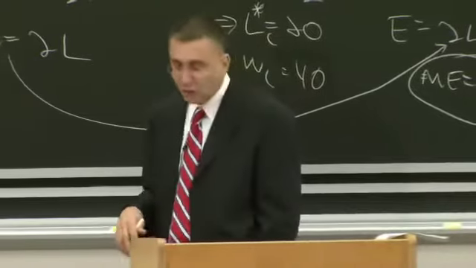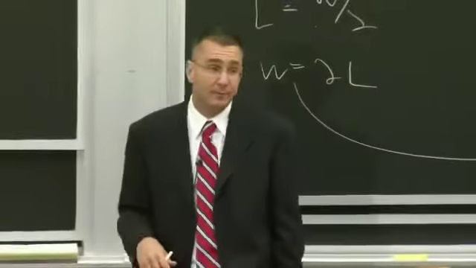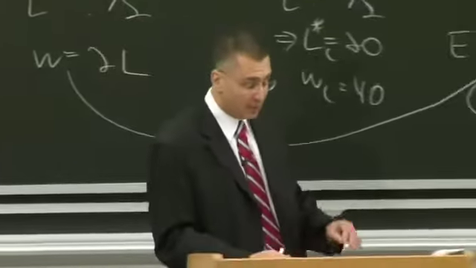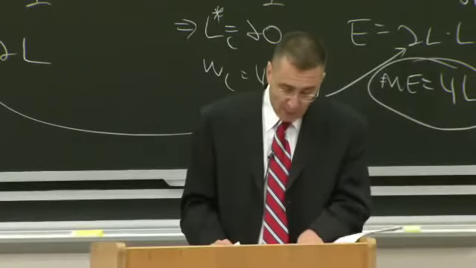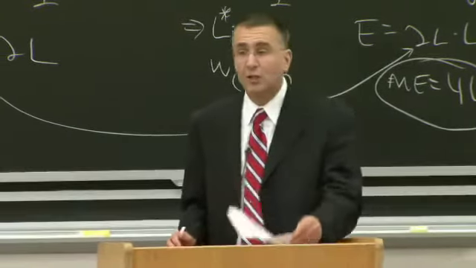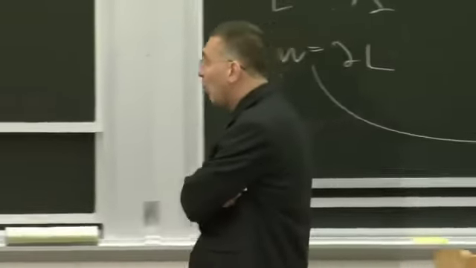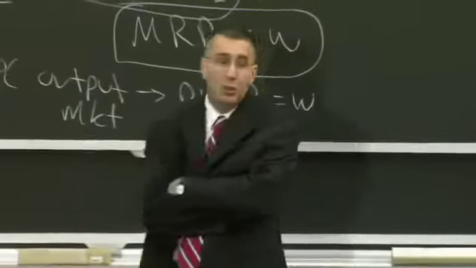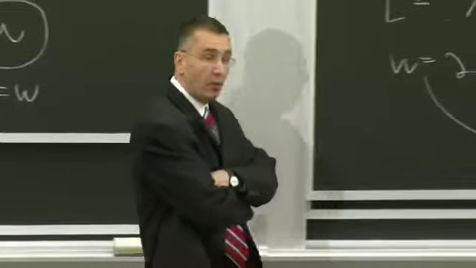Okay? So, what do we do about this? What we do about this is to try to think about a way we can find a causal relationship between the minimum wage and employment.